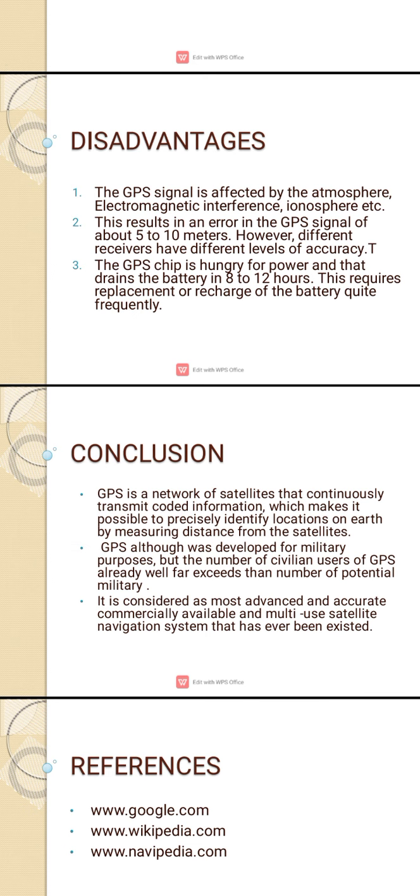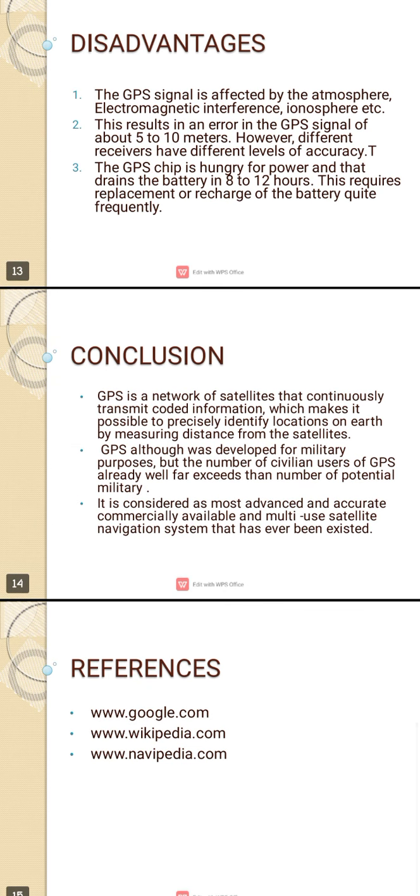Now, conclusion about GPS technology. GPS is a network of satellites that continuously transmit coded information which makes it possible to precisely identify location on the earth by measuring distance from satellites.